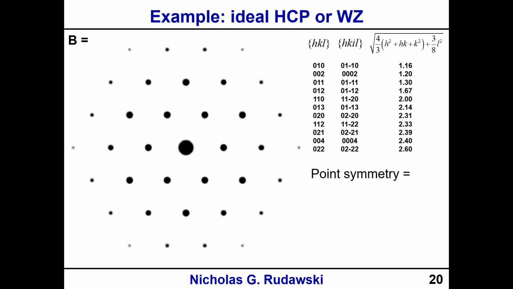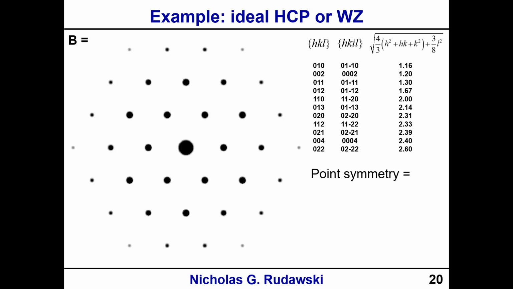Just looking at the pattern here, what would you say we have in terms of the point symmetry? To me, that looks pretty obviously like we have 6mm point symmetry. This is very similar to what we would see with a 1-1-1 zone axis with a cubic crystal. In fact, it's identical.